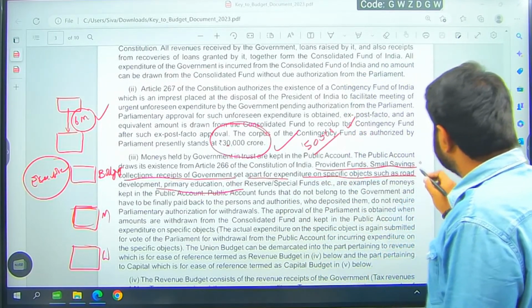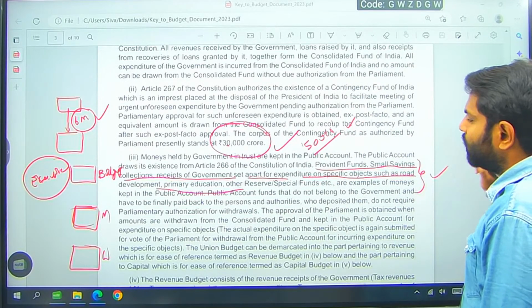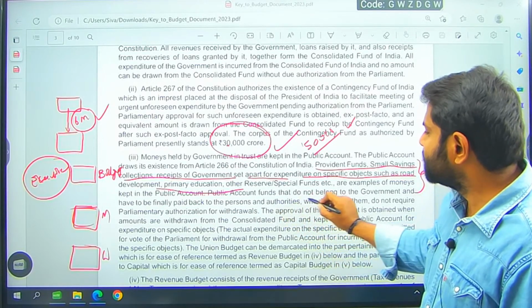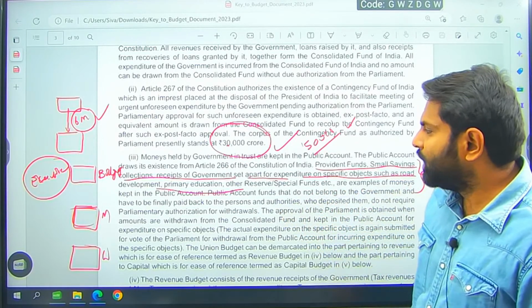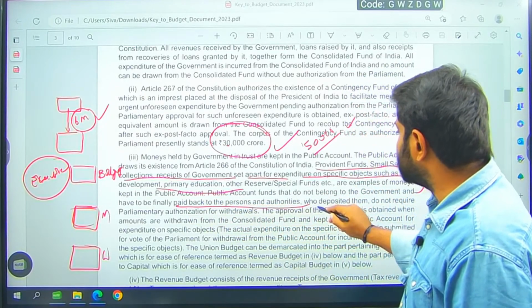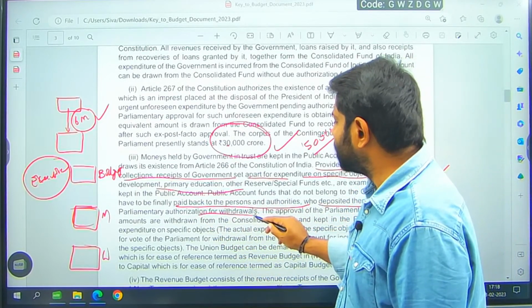All those funds which are to be given back to society for sure come into the Public Account of India. So public account funds do not belong to the government and have to be finally paid back to the persons and authorities who deposited them; they do not require parliamentary authorization for withdrawals.